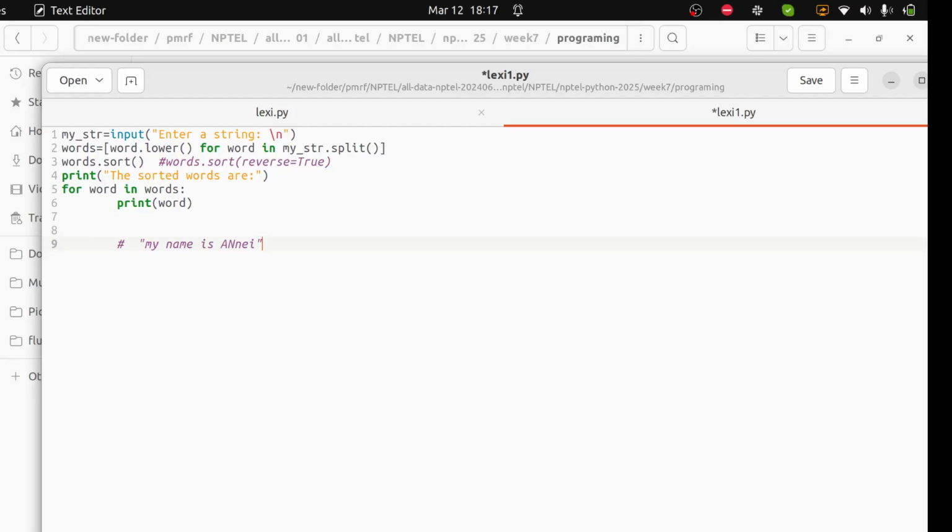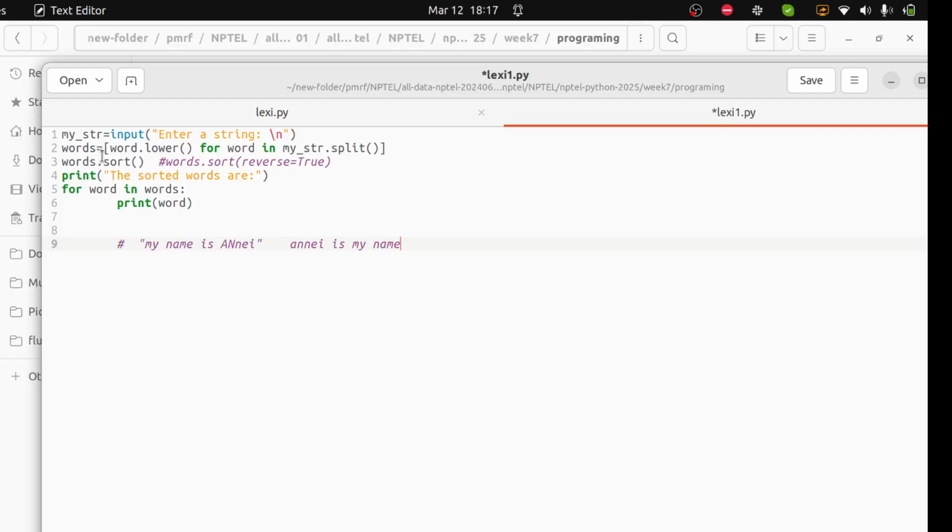And this I want in a lexicographic order, and in the next one I want this in a reverse lexicographic order. So if I want it in a lexicographic order, then what will be the answer? The answer will be Annie will come first, then name will come, my will come, and is will come here. So that should be our lexicographic order, right?